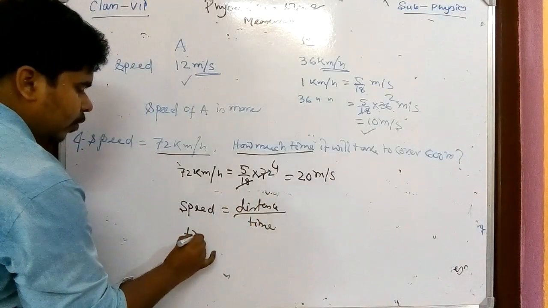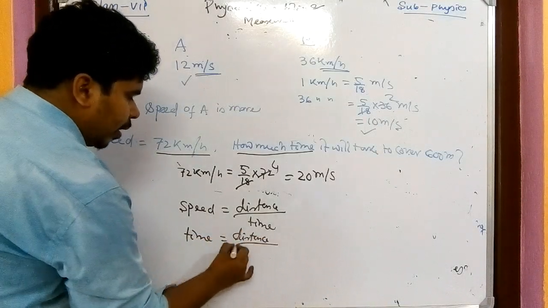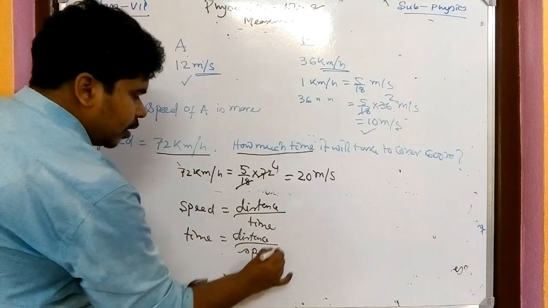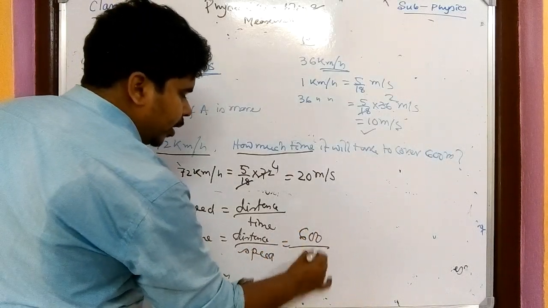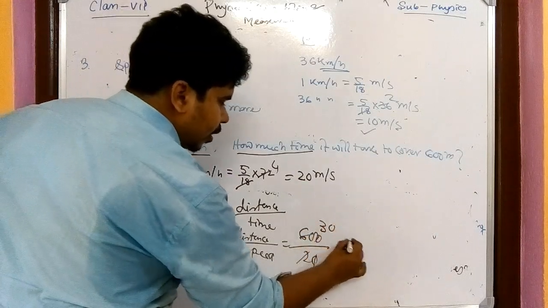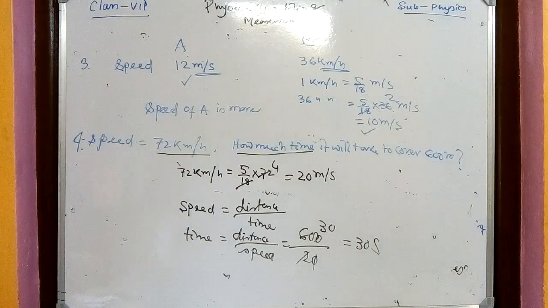So time is equal to distance by speed. What is the distance? 600 by 20, 30 seconds. So this type of thing you have to remember, that you have to change the unit as per requirement. If you have not changed, you cannot answer the question.